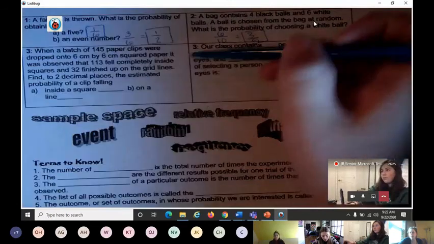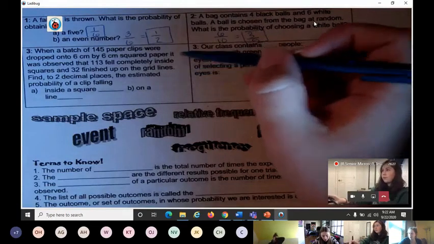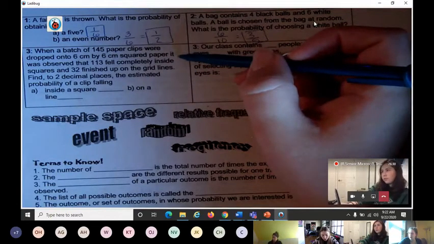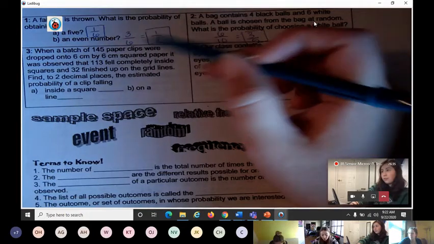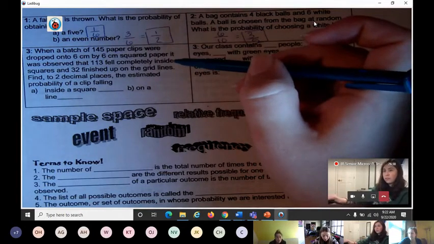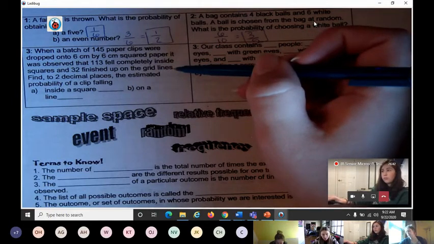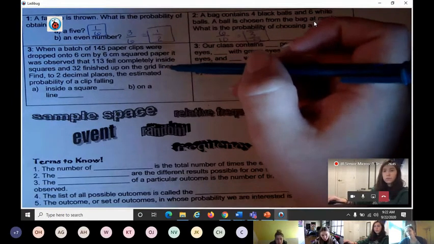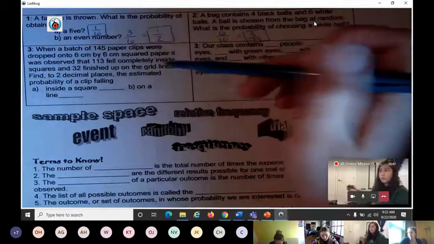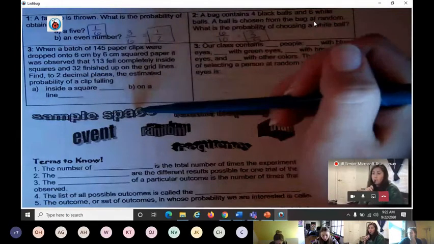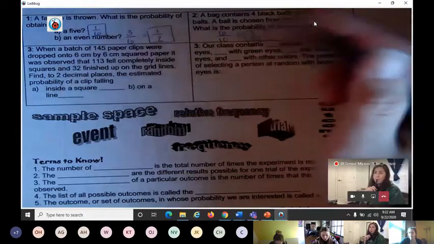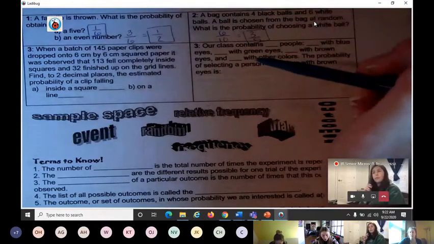It says when a batch of 145 paper clips were dropped onto 6 centimeter by 6 centimeter square paper, it was observed that 113 fell completely inside the squares and 32 finished up on the grid lines. Find, to 2 decimal places, the estimated probability of a clip falling inside the square versus falling on the line. Okay, so this one's a little bit more in depth.